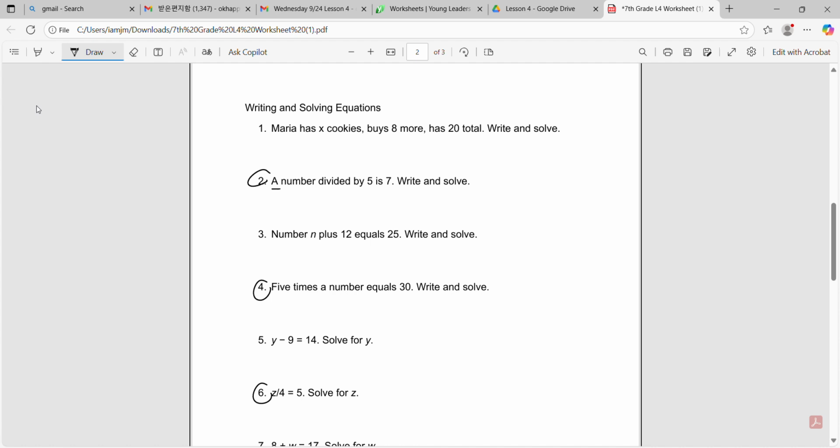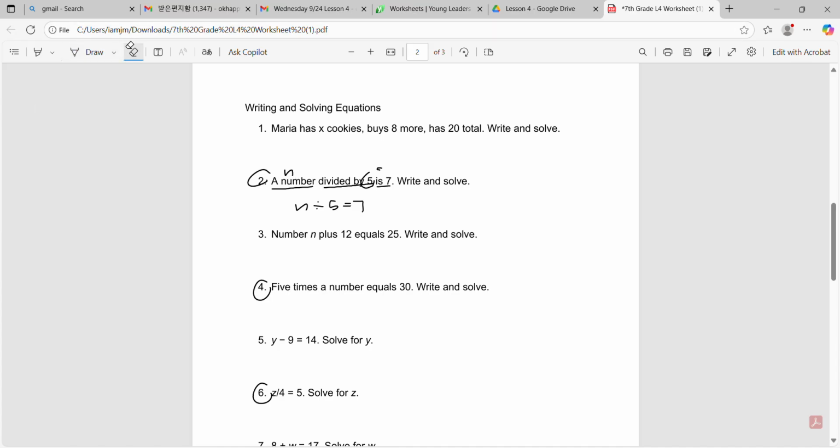So we will be learning to write our own equations and solve them. Number 2, a number n divided by 5 is equal to 7. So a number divided by 5 is 7. Our equation will be n/5 equals 7.